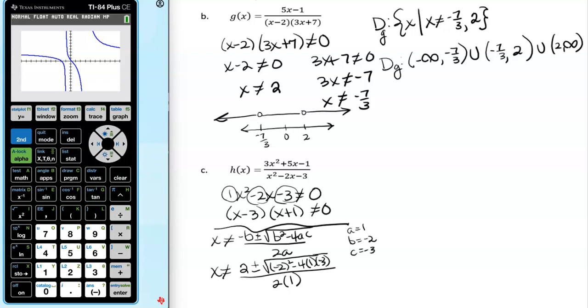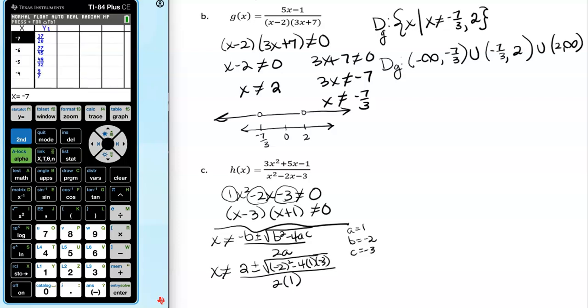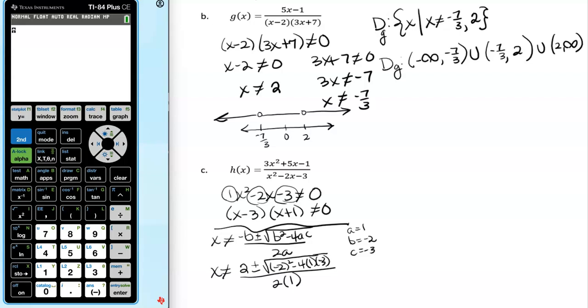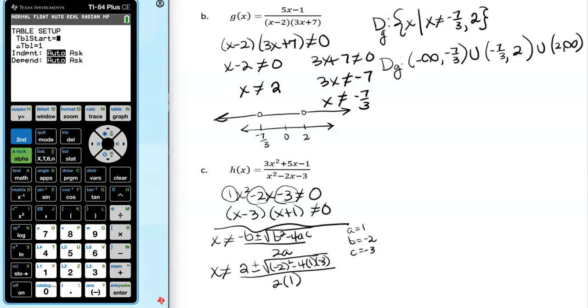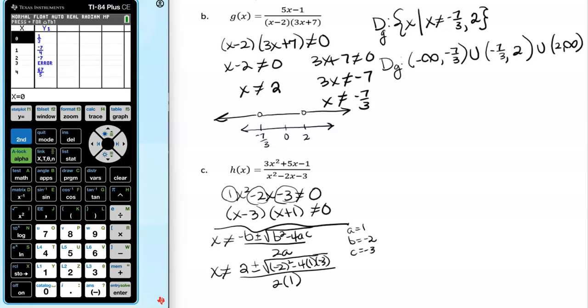And the only way I could find exactly what those values would be, would hope that they were integers. And then I could go to second table. And if it shows me an error, then I know that my table is not set up correctly, so let me go into second table set and set my table start at 0 and put everything as auto and see if I can get my values.